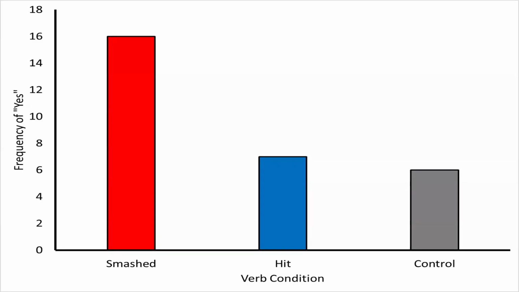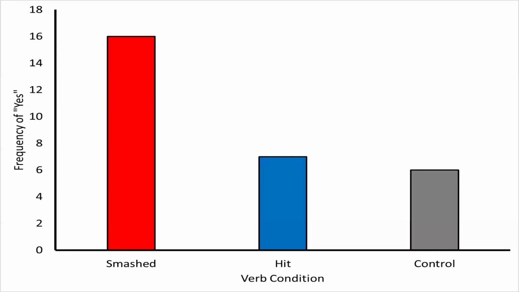Now, in this case, it's very readily apparent that there were way more people mistakenly remembering broken glass when they were asked how fast were the cars going when they smashed into each other than for the hit condition or the control condition. In fact, those two conditions don't even look like they differ at all.